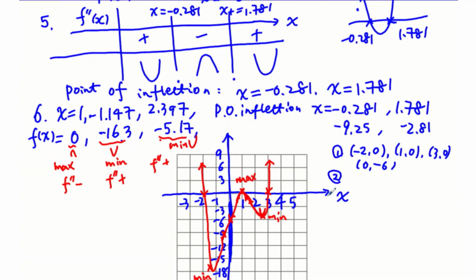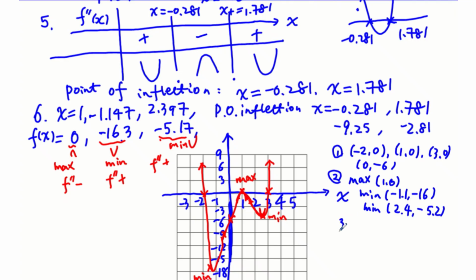After those, we found the maximum and minimum. The local maximum is (1, 0), and the local minimum is (negative 1.1, negative 16). We could just round, because it's hard to read after the decimals. So (2.4, negative 5.2) is also a minimum.